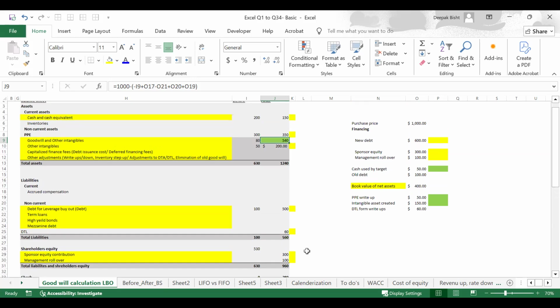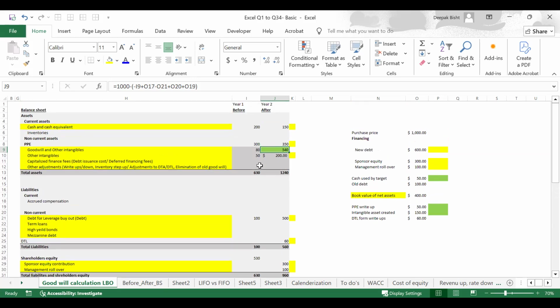And on the asset side here, the cash is reduced, so we actually need to adjust the cash. Then there will be a creation of goodwill and other intangible assets. Because the purchase price is almost always above the book value of the net asset, the model plugs the differences as goodwill or identifiable intangible assets.